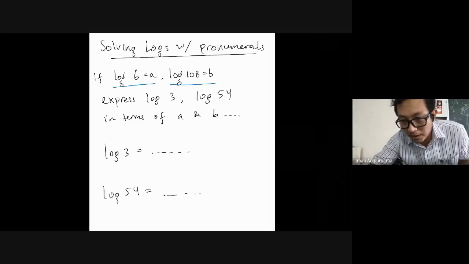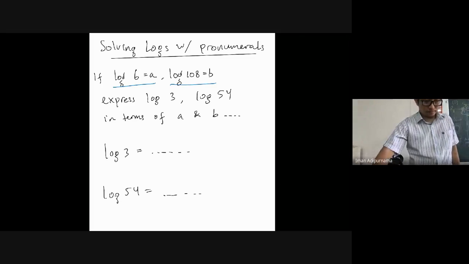I think you had some mistake in calculating the A. So what is log 3? B minus A squared, or 2A, right? Almost. Okay, B minus 2A. And log 54, 2B? Oh, 3A. Okay.